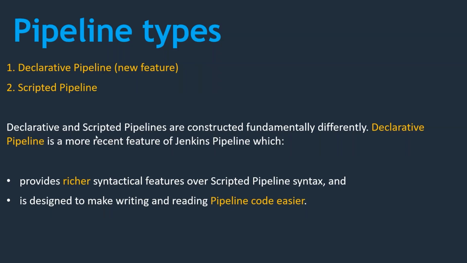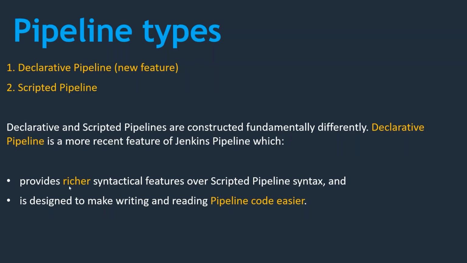You can see here declarative and scripted pipelines are constructed fundamentally differently. Declarative pipeline is a more recent feature of the Jenkins pipeline. If you use the declarative pipeline, what does it give? It provides richer syntactical features over scripted pipeline syntax.